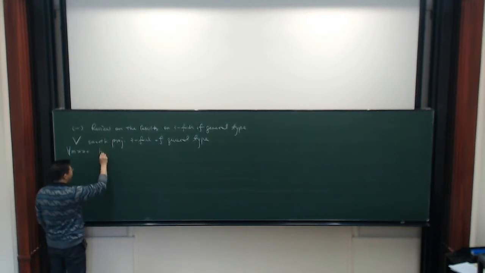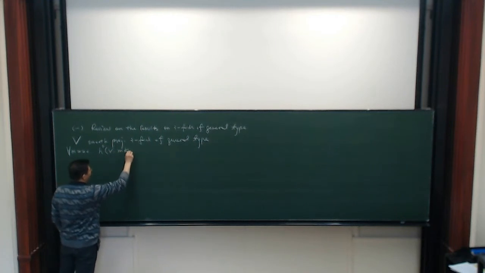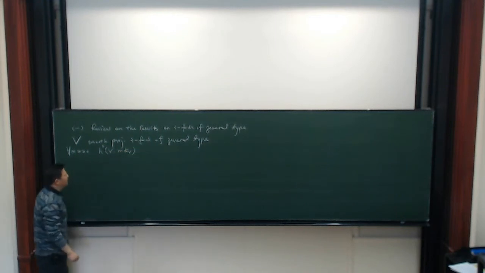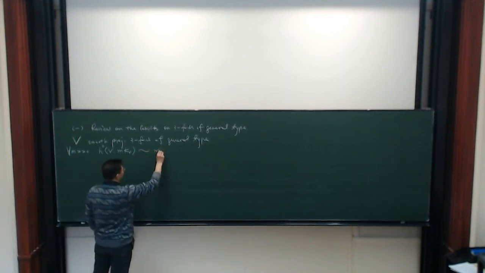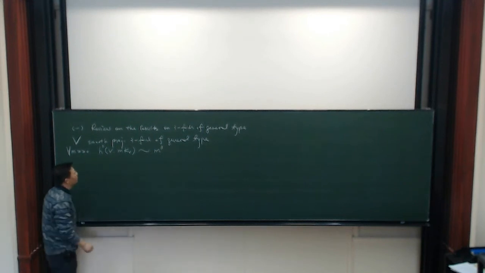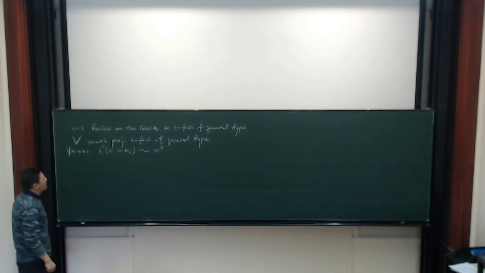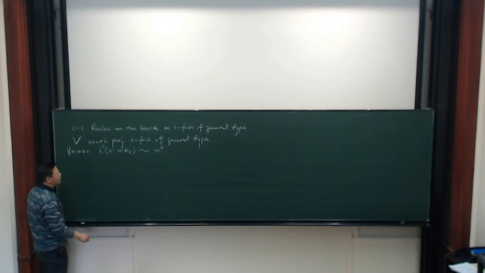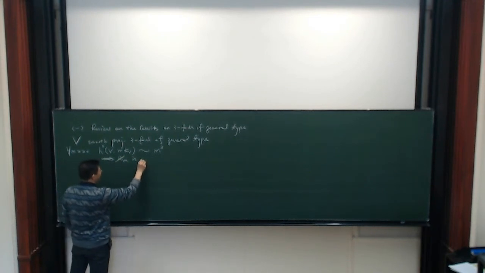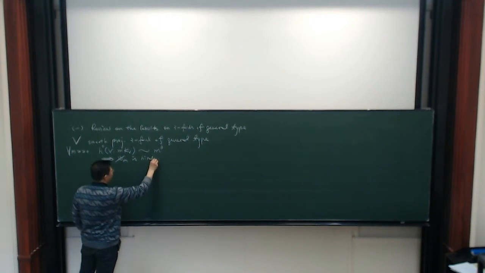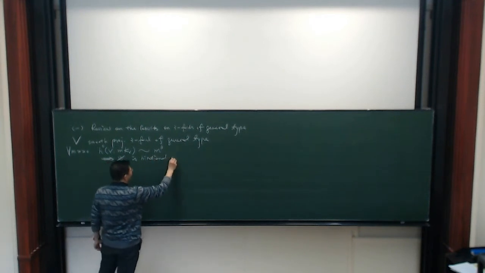So this group grows like something m cubed. It's equivalent to saying that the pluricanonical map is birational onto the image.